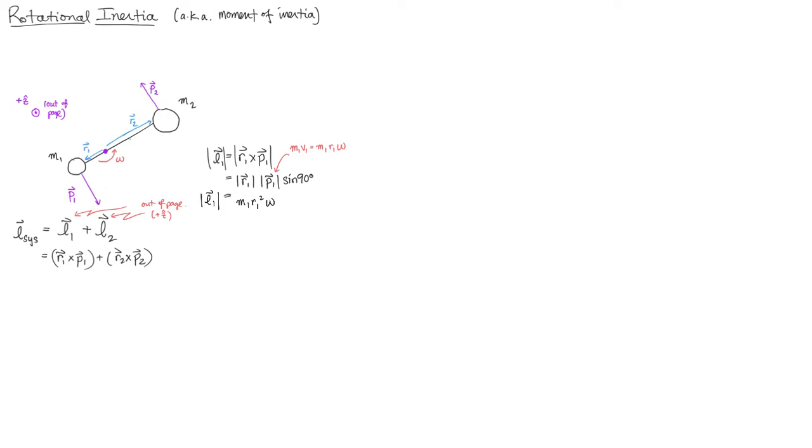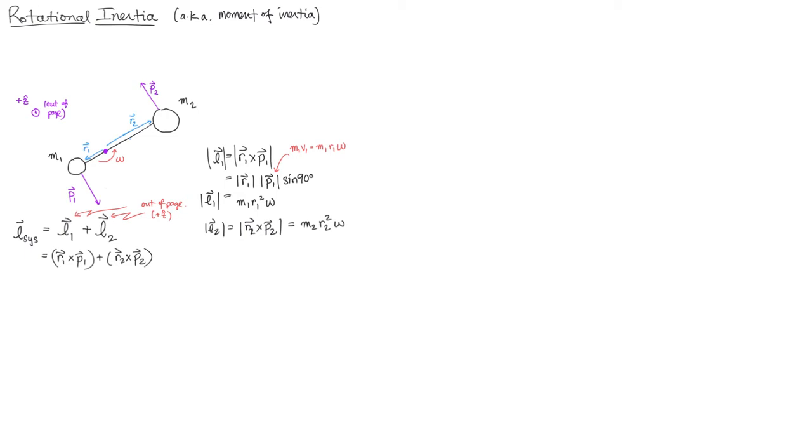And you can do the same thing for the magnitude of L2. It's the magnitude of R2 cross P2. Everything's the same in structure, except we have subscripts 2: m2 r2 squared times omega.